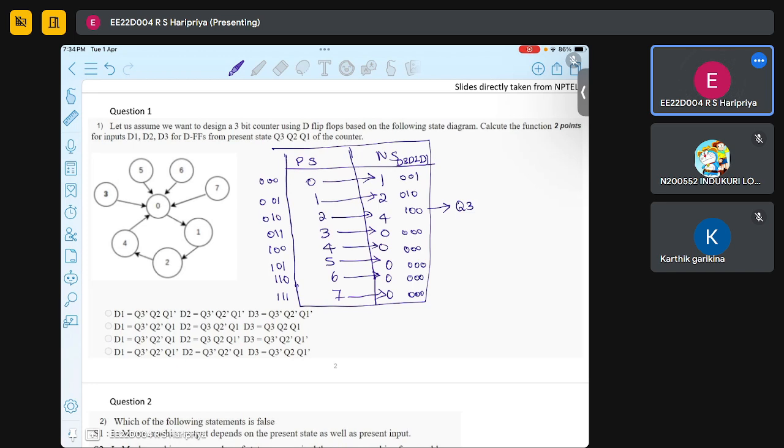Or if you take it like this, D1, D2, D3, then this is D1 equivalent to Q1, Q2 complement, Q3 complement.